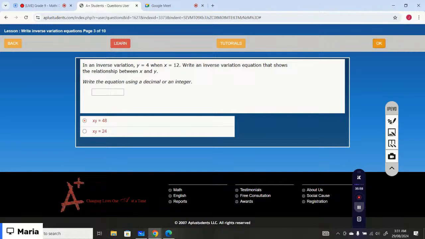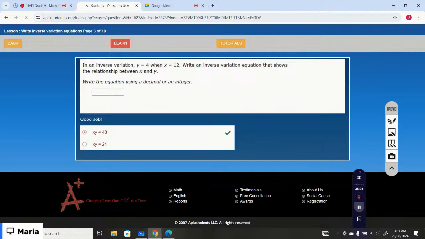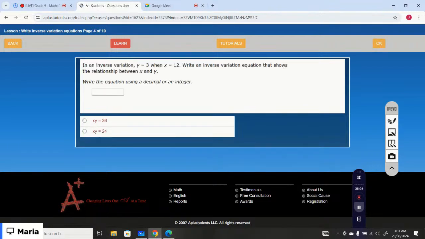Okay, the next one is, in an inverse variation y equals 3 and x equals 12. Write an inverse variation equation that shows the relationship between x and y. So which is the correct option?